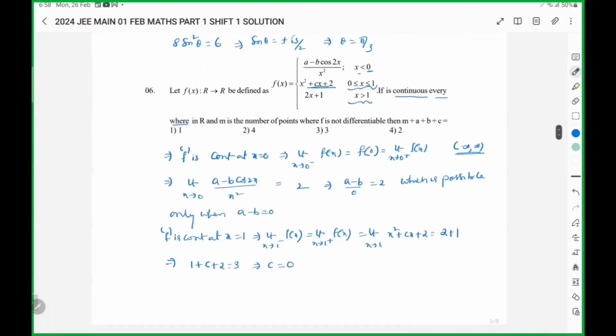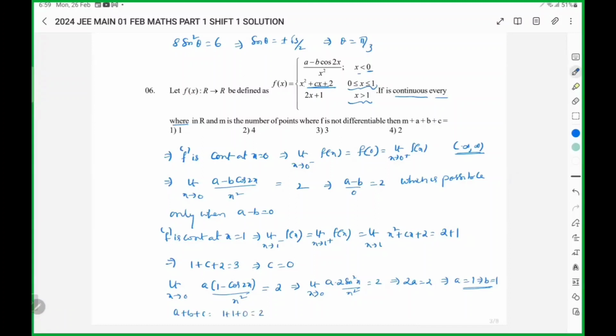Still I didn't get a, b values. Let us simplify this. Once a is b, a into 1 minus cos 2x by x square, which is 2. So limit x tends to 0, 2a sine square x by x square, which is 2. 2a is 2, here a is 1, which implies b is 1. So now we got a, b, c values, a plus b plus c will be 2.